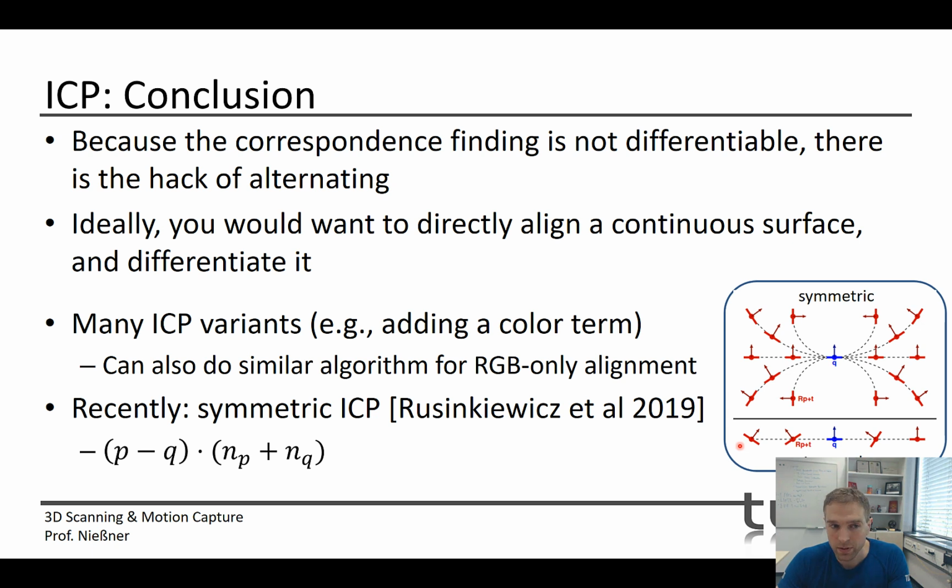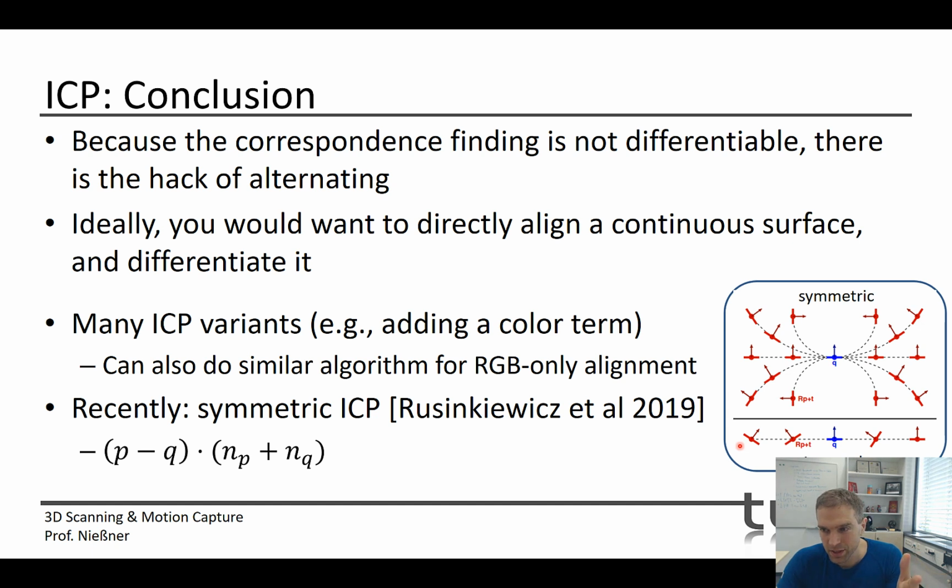Because the correspondence finding is not differentiable, there are a lot of hacks, like alternating schemes. Ideally, what you would like to do is find a differentiation between two aligned surfaces. Because of that, you have to do some alternating schemes, and this is basically what ICP is doing.